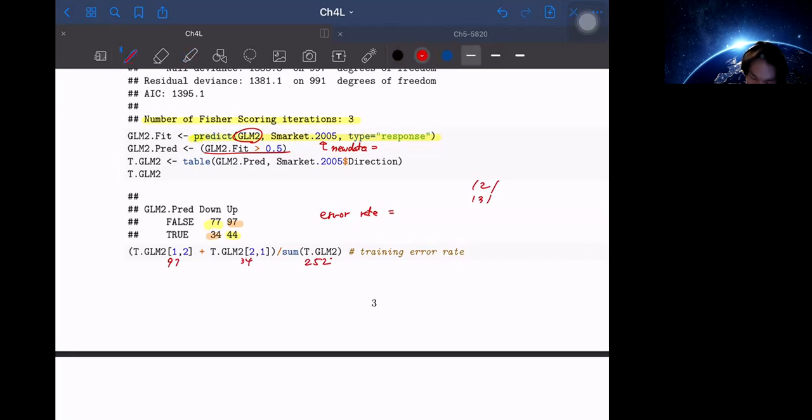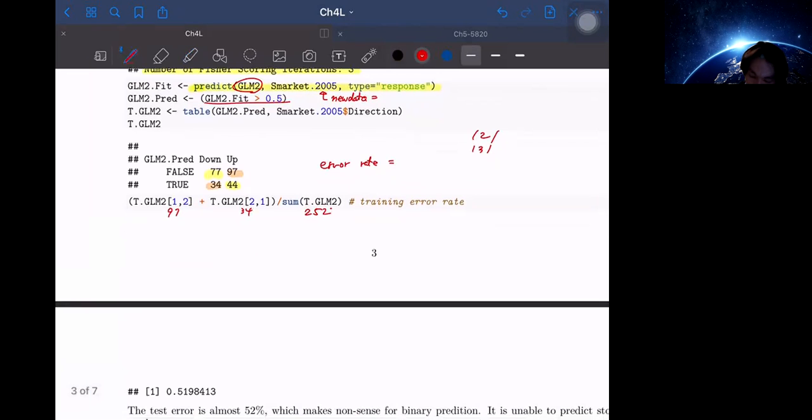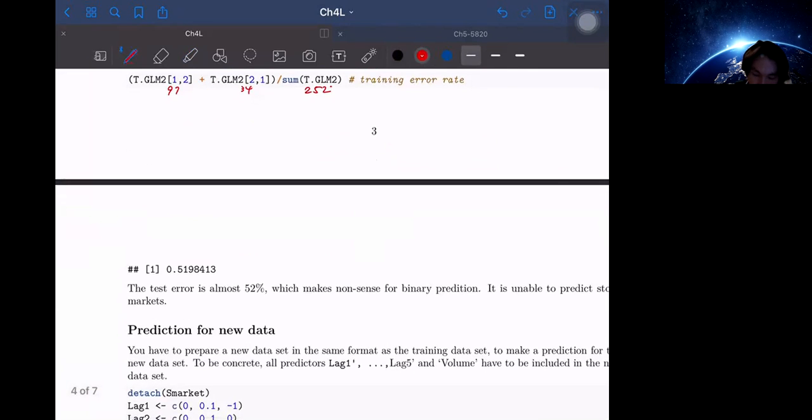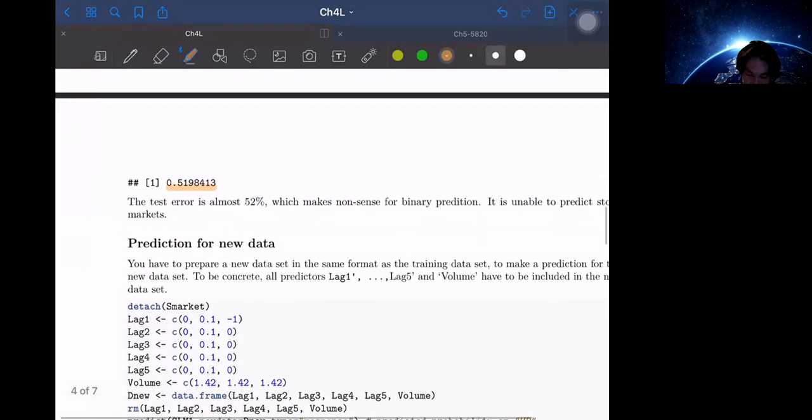So actually, it's not really good. Error rate is 52%. For any binary regression analysis, if the error rate is more than 50%, it does not make any sense. That means the stock market is not predictable with this analysis.